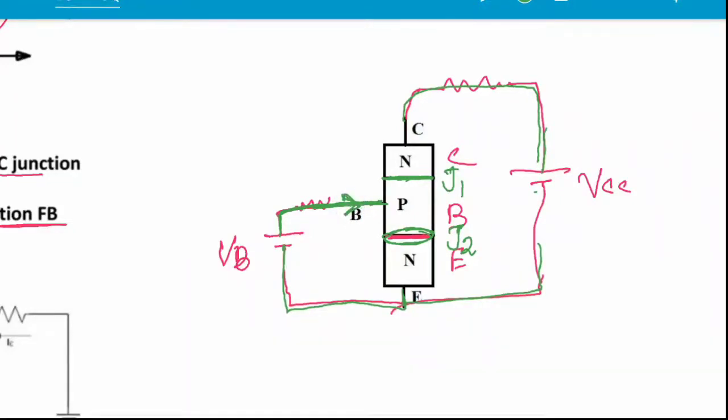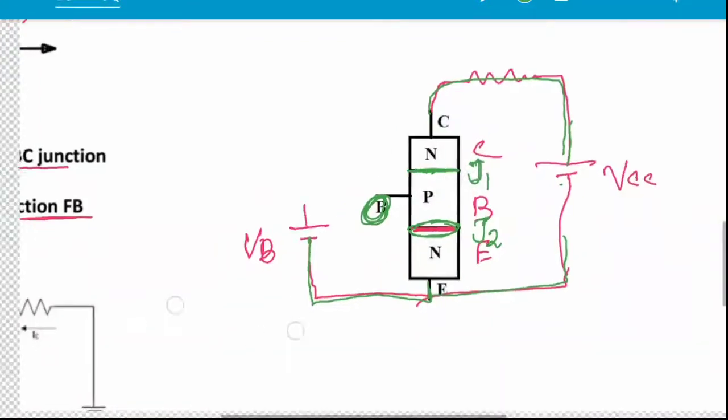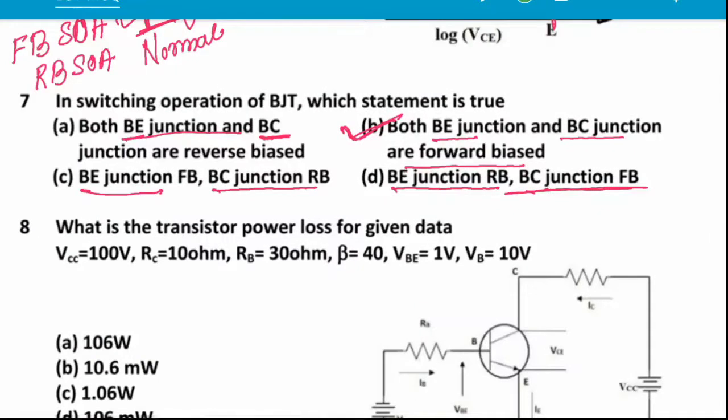Because in the case of forward blocking condition, when there is no base or gate signal, there is blocking due to J1. So here the answer is both base-emitter junction and base-collector junction are forward biased.